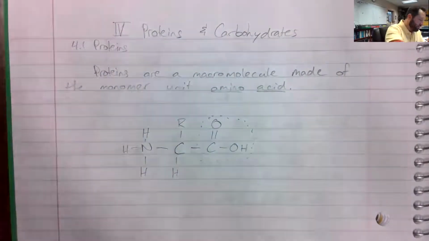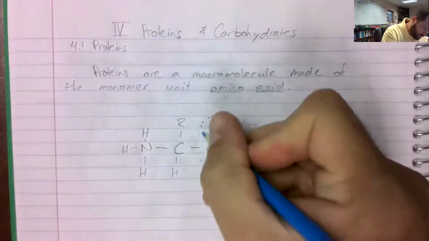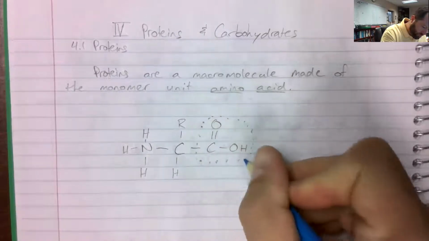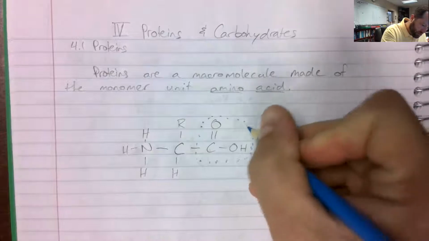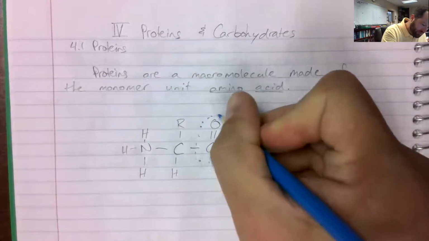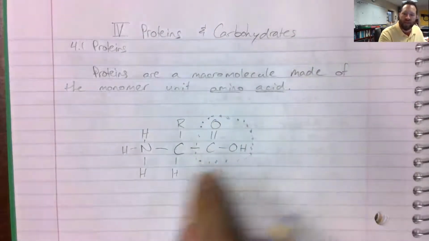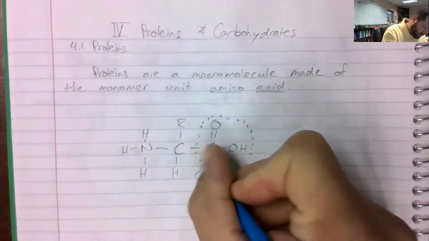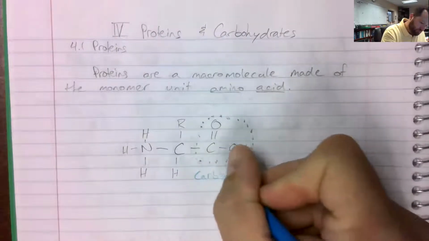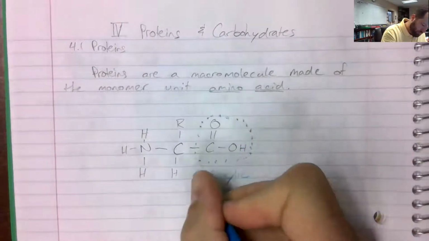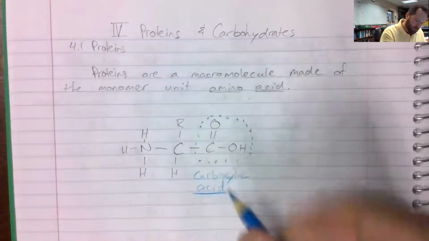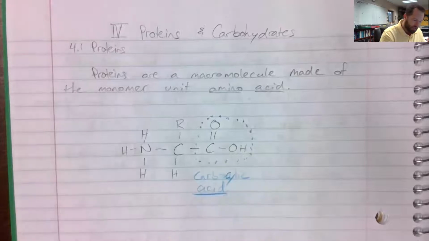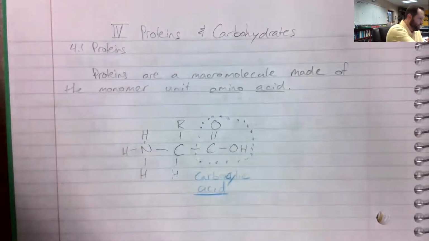This end here, do that again in blue, make it stand out. This is called a carboxyl group or carboxylic acid. We saw these when we did our lipids. So remember, each fatty acid had a carboxylic acid on top. So it's a carboxylic acid. I've got the word acid underlined there.